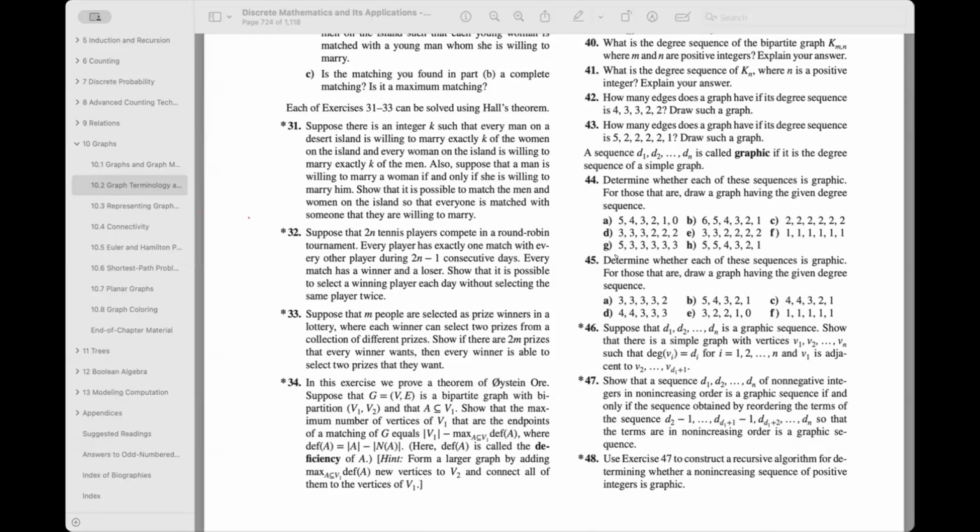Well, maybe it'll help to think about it for different types of K. So if K is 1, every man wants to marry one woman. Let's say there are more than one, so like this is men, 1, 2, 3, dot, dot, dot, and then the women.